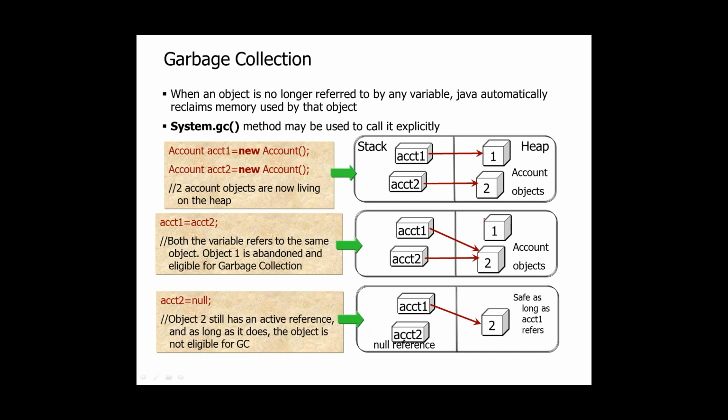There might be cases where you want to specify that garbage collection should be done explicitly. In that kind of situation, you specify System.gc, which is used for specifying that garbage collection can happen here, but it doesn't actually mandate the system to call the garbage collector. There are cases when even if you specify that, the JVM will not call the garbage collector at all. So you have to know this point: the garbage collector runs on Java's priority threads, and whenever it feels that it has to call it, it will call it.